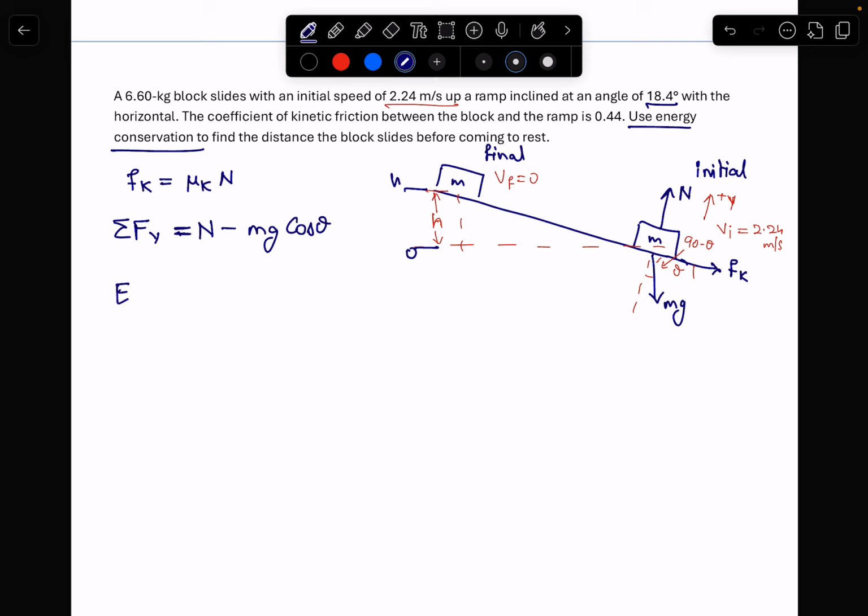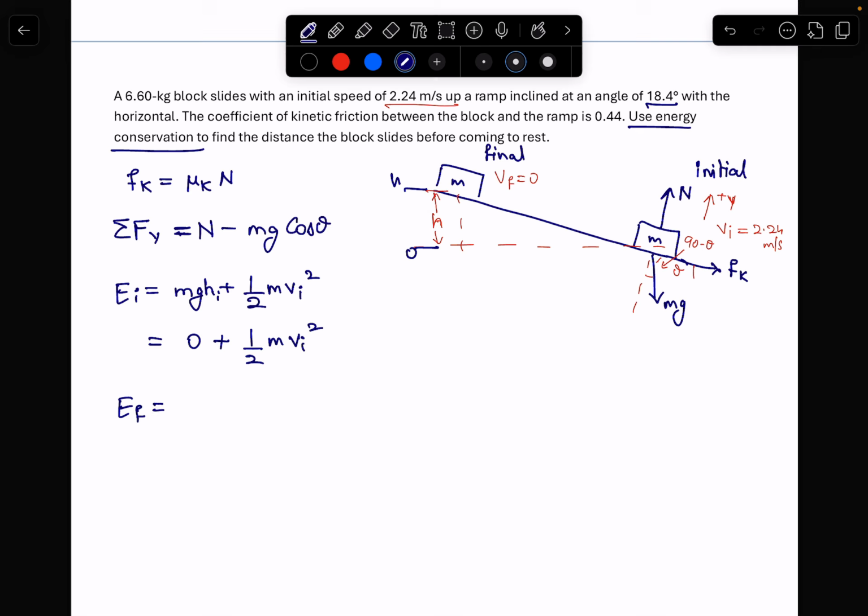So initial energy is again mgh plus half mv initial squared. So initial height is 0, so 0 plus half m v initial squared.